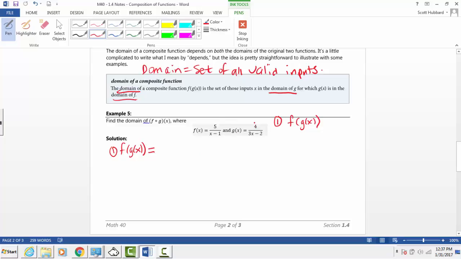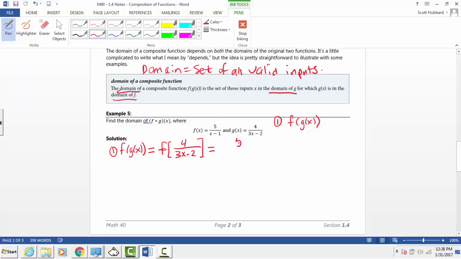Okay, the way we do that is, again, we take g of x, which is this 4 over 3x minus 2, we plug that into f. So we get f of 4 over 3x minus 2. Now that looks worrisome, but remember this is the input now, and so wherever we saw x in f, what does it do to its input?